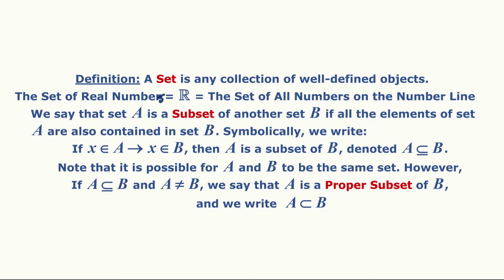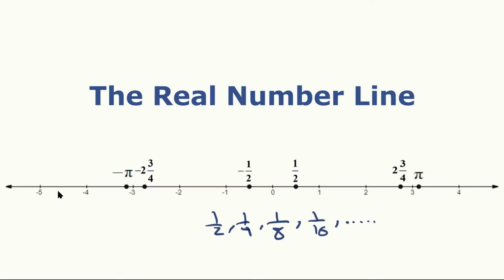The set of real numbers, which we notate using this different looking R with the double bars, is basically the set of all the numbers on the number line, which we just learned about. So we take all the numbers that are on this line together and put them inside a set. Then you have yourself the set of real numbers.